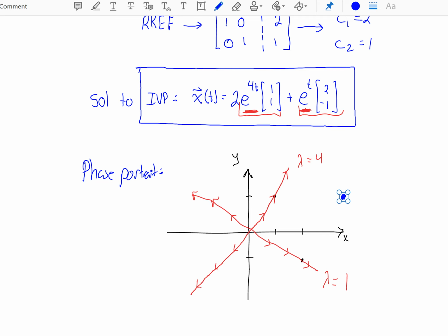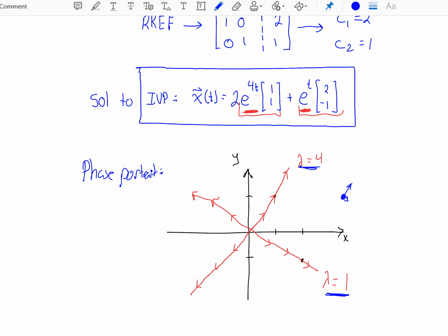I'd like you to think of these eigenvectors, or our individual solutions, as maybe like the current in water or an air current. Your eigenvalue of 4 tells you the current is moving in this direction. And relative to the current that's moving in this direction, the eigenvalue of 4 is a lot stronger. So from this point, there's a lot more wind or current pushing you in this direction than there is in this direction.